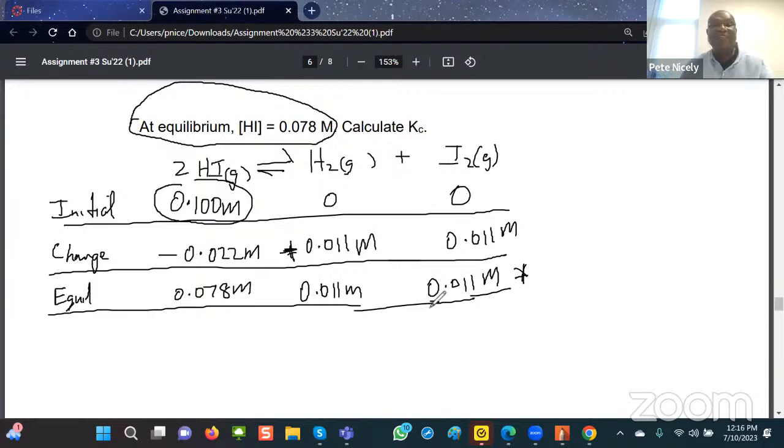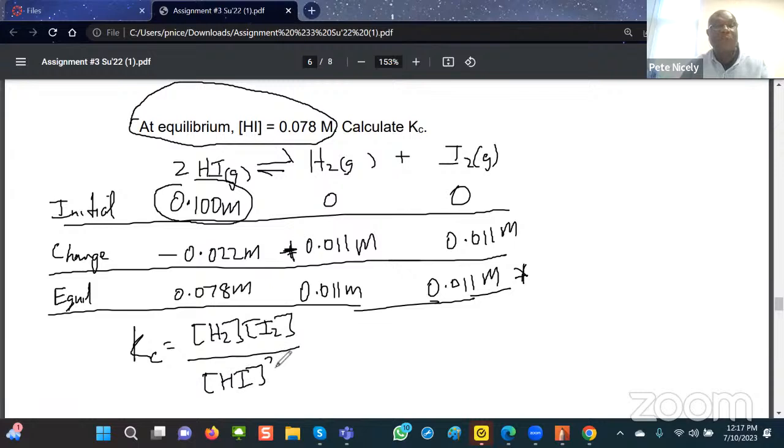And each of these values represent the concentration of each of these components in that mixture. So now we can write down the expression for Kc, which is, as you may recall, the concentration of the products, in this case hydrogen and iodine, divided by the concentration of HI squared, and then we put the numbers in.